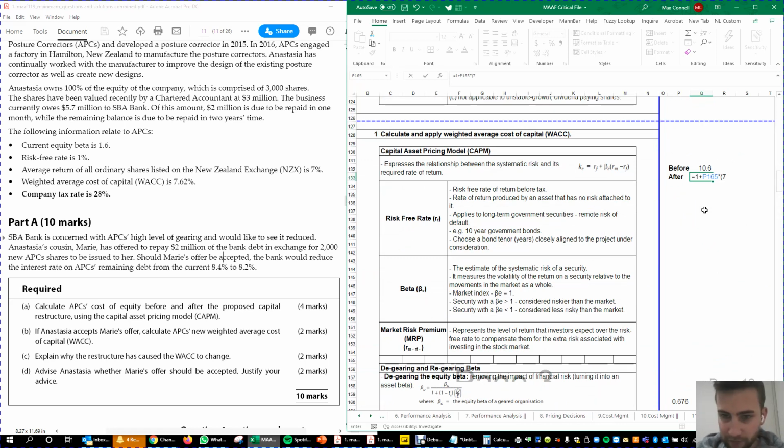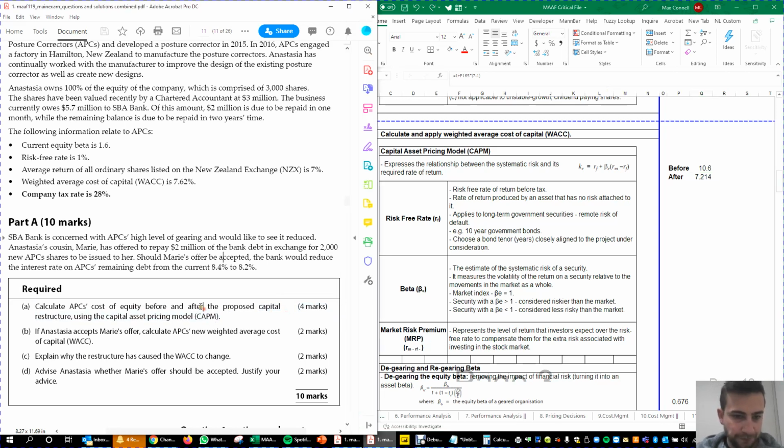So it's going to be 7, which we said was the return of the stock exchange, less 1. And there we have it. 7.22% is the answer. That's the cost of equity after restructure.